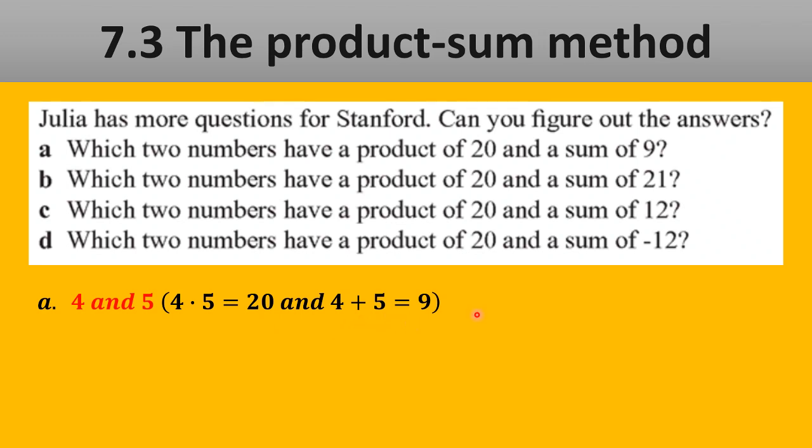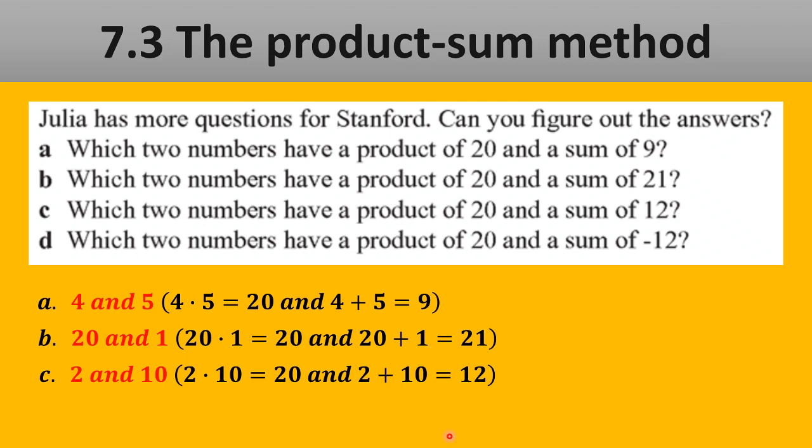Do this for a product of 20 and a sum of 21, and you will find the numbers 20 and 1, right? And you can do this for C and D as well. C will give you 2 and 10. And the last one gives you a negative number as the sum. You have to be a bit more crafty here.